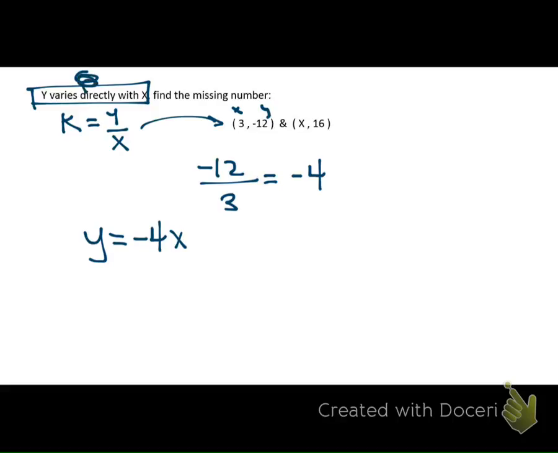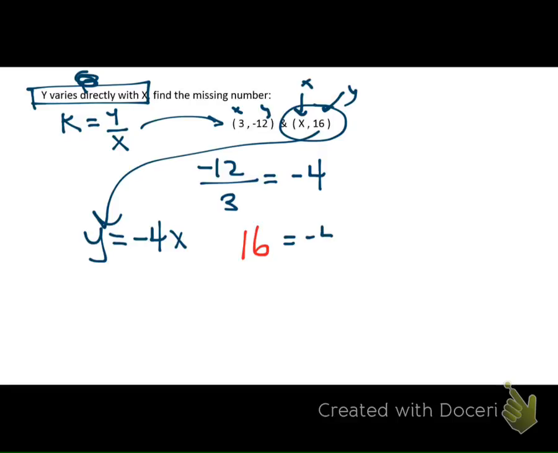That's why this statement right here is very important. Now that I know that, I can look at my next point. And I want to say, what do I have? Well, I'm missing the x, so that means that this 16 is the y. So now I can bring it down over here. I'm going to rewrite this equation, but instead of putting a y, I'm going to put a 16, and everything else stays the same: 16 equals negative 4x.